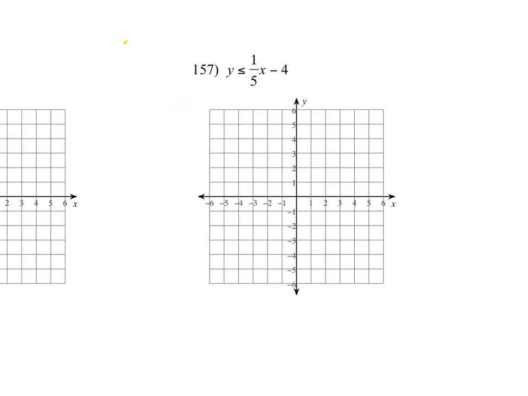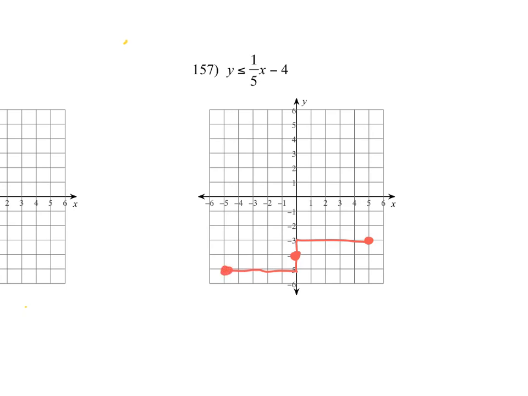Let's do one more. So I'm going to start off with -4. So -4 is my y-intercept, so I'm going to mark that here. And I'm going to go up 1 over 1, 2, 3, 4, 5 because it is positive. And again, I can't keep going because the graph is a little bit smaller. So let's go backwards. If I went up and over 5, I'm going to go down and to the left 5.